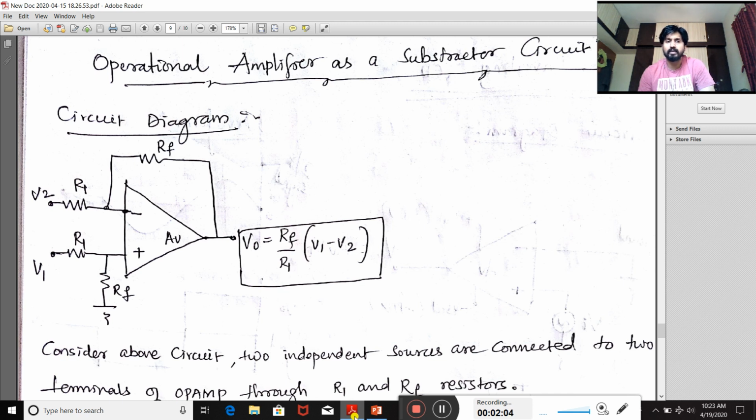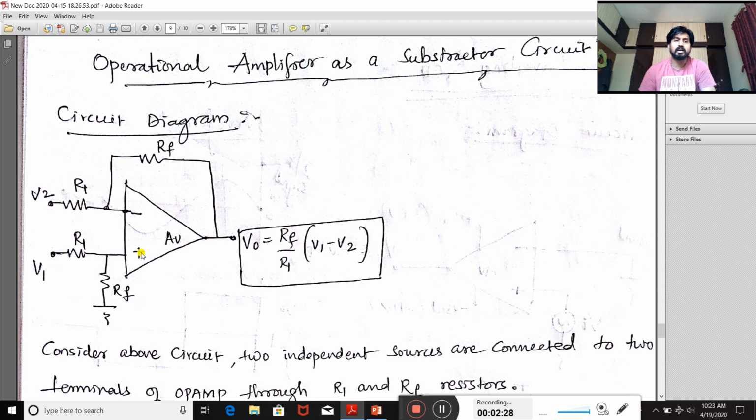Let's begin with the explanation. This is the circuit diagram of operational amplifier which acts as a subtractor circuit. Analyze this circuit diagram. Part of the output is fed back to the input, that is to the negative terminal, hence negative feedback is used.